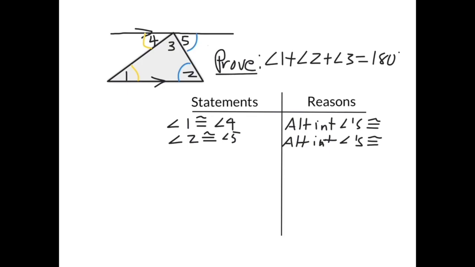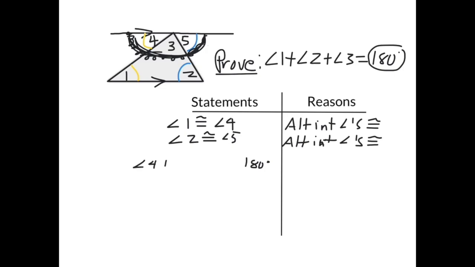So what we need to do to get the idea of 180 going into the proof is write something about angles making 180 degrees. And those angles there at the top, 3, 4, and 5, all add up to make 180 degrees.